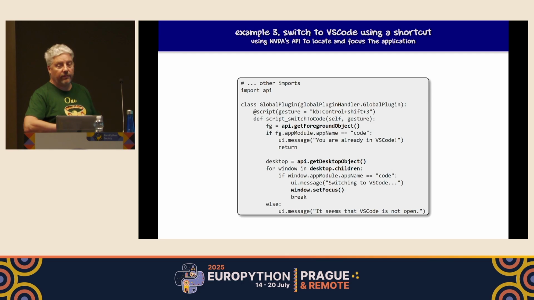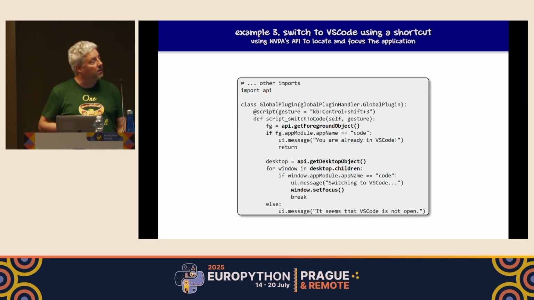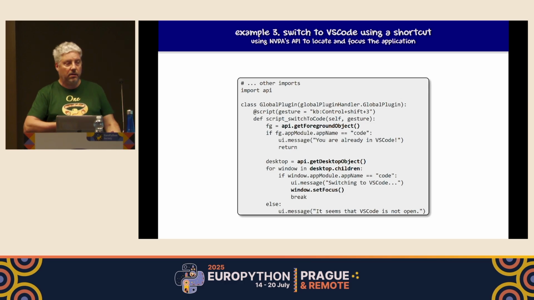If I find code, I use set focus to go there. And if I cannot find a window that is named code, then code is not open, and then I do nothing, or I give a message saying I couldn't find it.